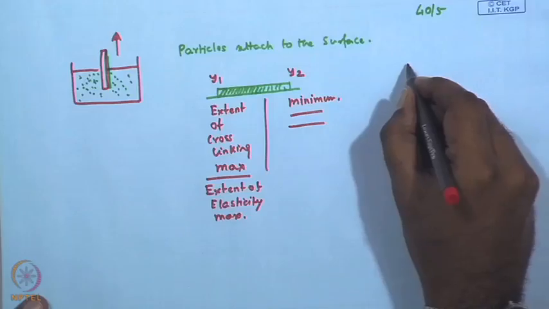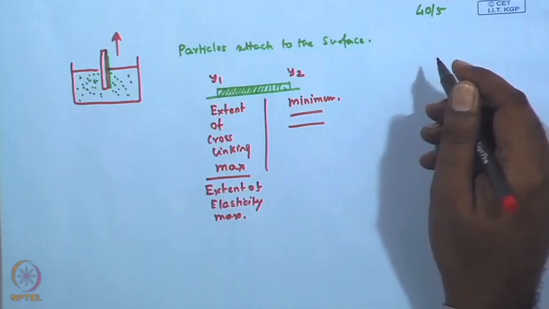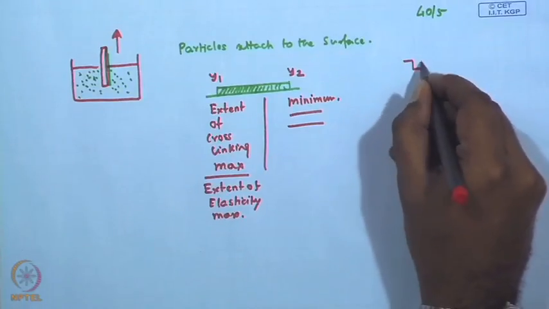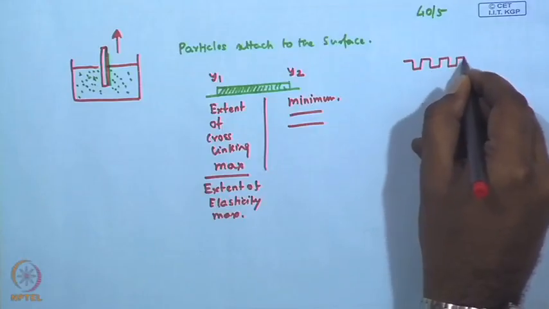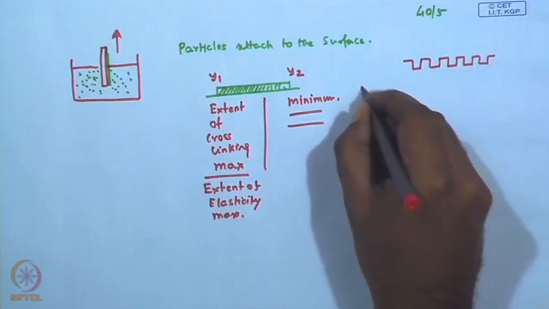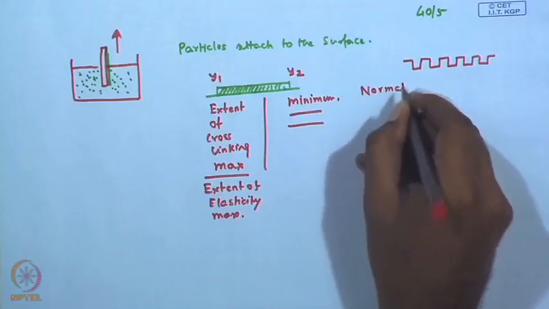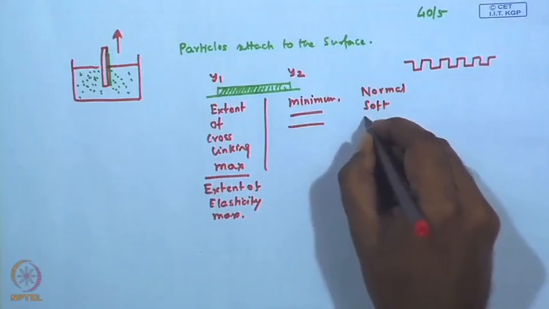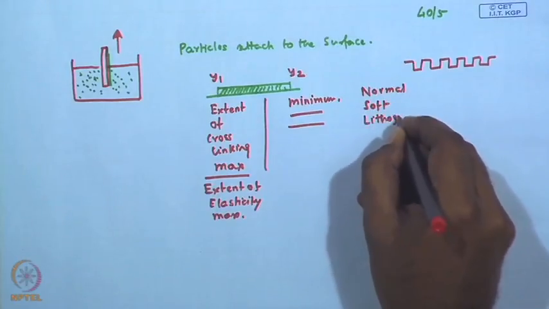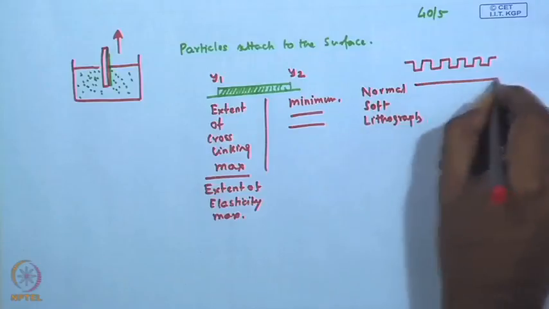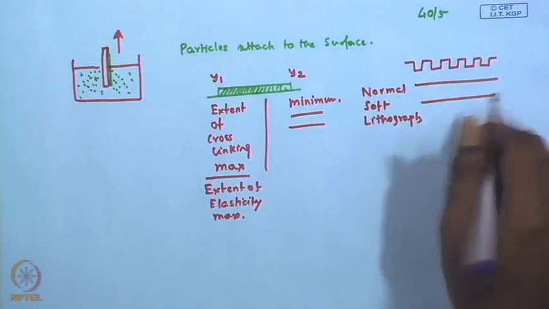In a normal soft lithography route or even in elastic contact lithography, you are imprinting a film which has uniform rheological properties.